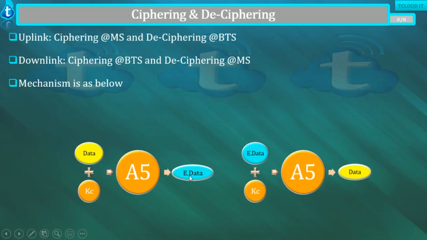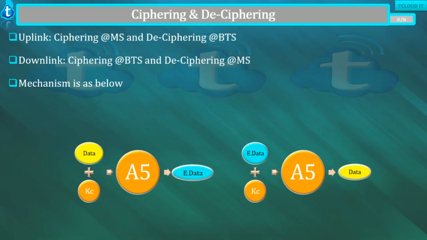So BTS will send this encrypted data on the radio interface. It will be received by the mobile. Mobile is going to send it into the A5 algorithm along with the KC, and A5 will decrypt it for you. Once the data is decrypted, your mobile station tries to read the data and understand what it contains, whatever it is conveying.